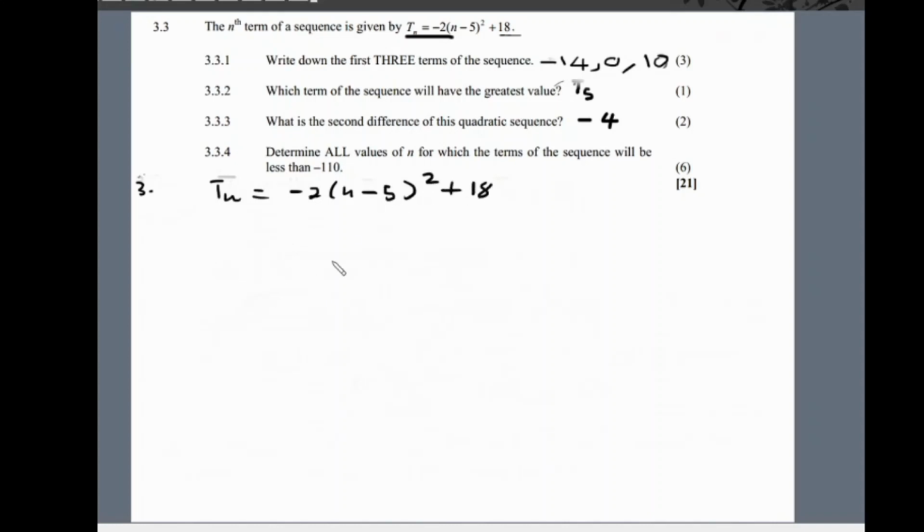So in this case we want the values of n where this function will be less than negative 110, right?